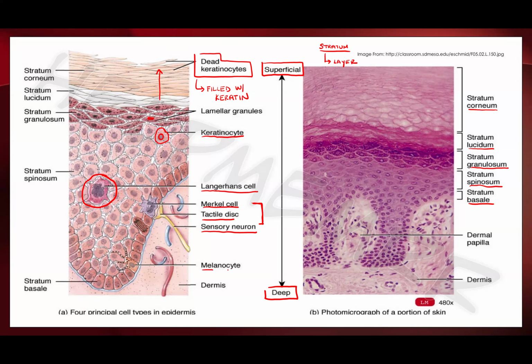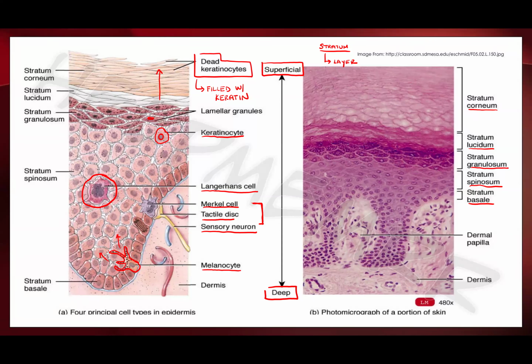What I missed over here is that melanocyte. Notice that the melanocyte is closer towards the bottom, and as it's closer towards the bottom, it's going to be releasing the melanin granules up toward that skin.